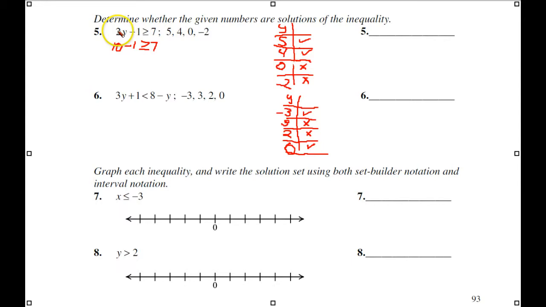If we put a 4 there, 2 times 4, 8 minus 1 is 7. Is 7 greater or equal to 7? And that is yes, that's true. But if we put any smaller numbers in there, like 0, this then becomes a -1. Is that greater or equal to 7? No. And also a -2. And the same thing applies here. You're just substituting this value into y and then seeing if it's true.